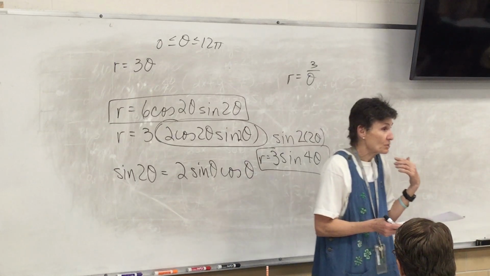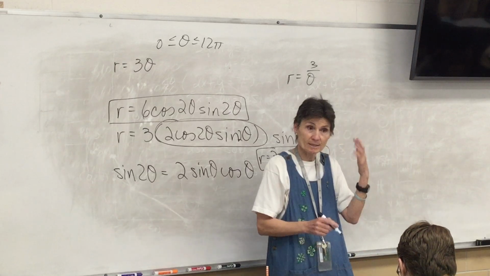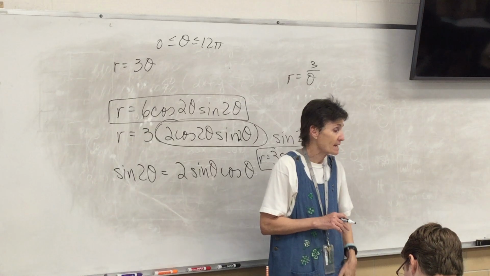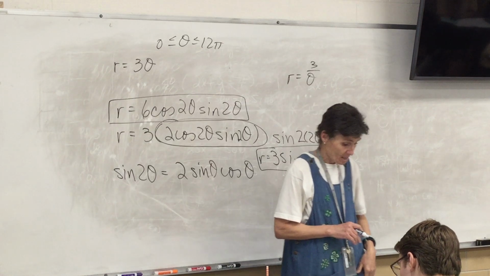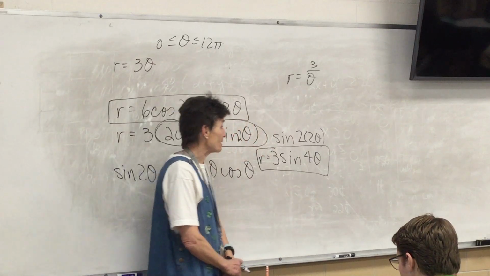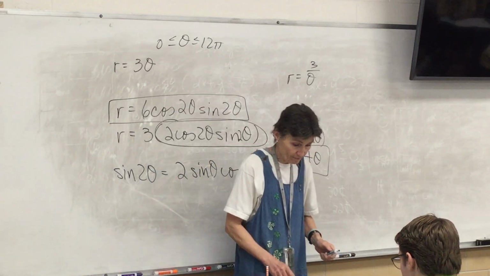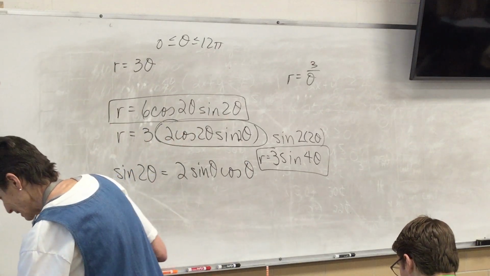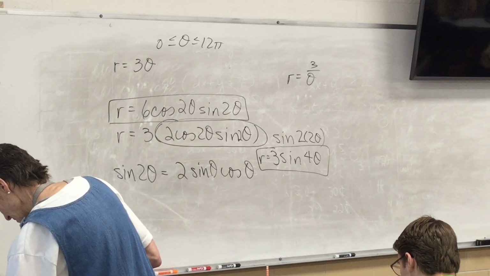Where the indentation is, right? Whether the indentation is top, bottom, left, or right. Okay, graph them and see if that pans out. You can leave your window the same. See if that's what happens. See if you get a couple of hearts and they're dented in on opposite sides.